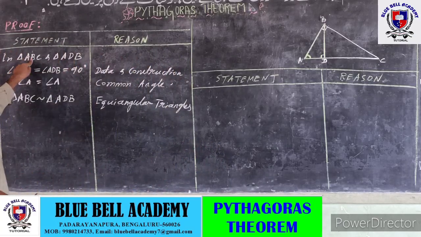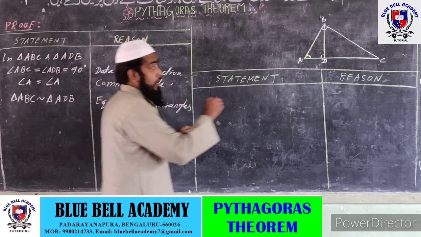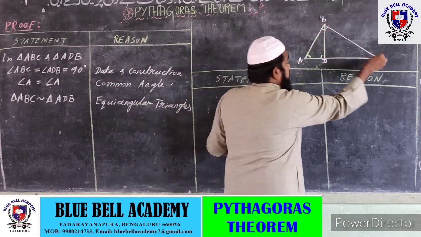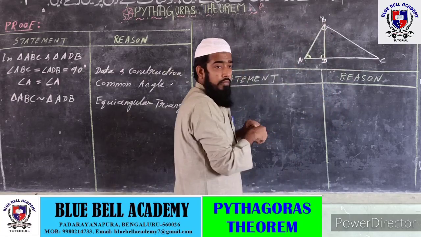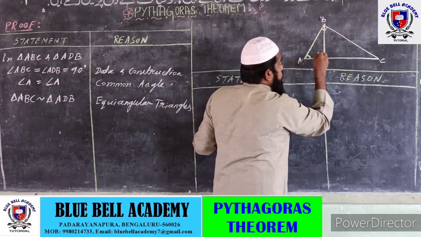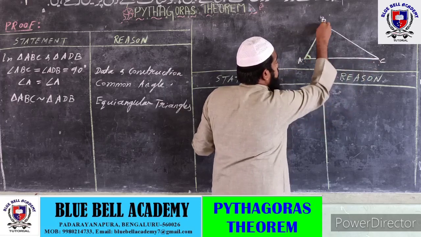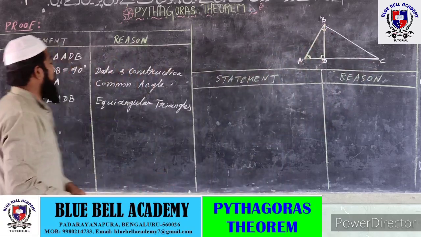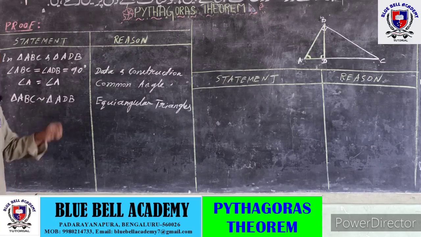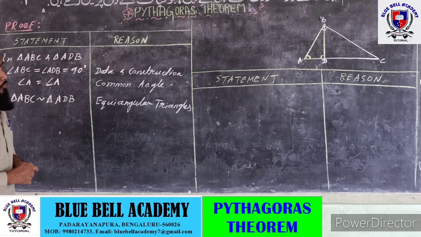Or you can take it in this order also. When you have taken ABC and ADB, remember that AB corresponds to AD, BC corresponds to DB, and the hypotenuse AC corresponds to AB. In that way you have to go. So triangle ABC is similar to ADB. Corresponding sides ratio we have to take here.